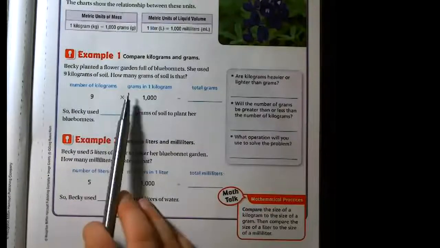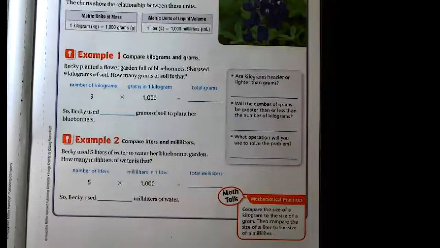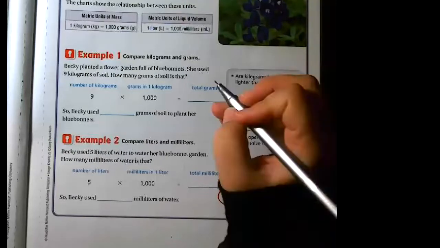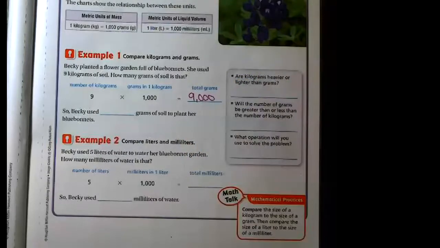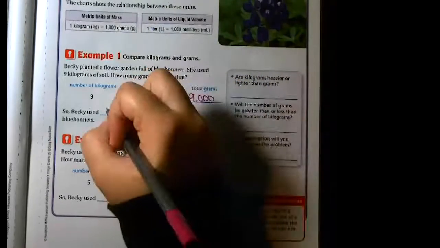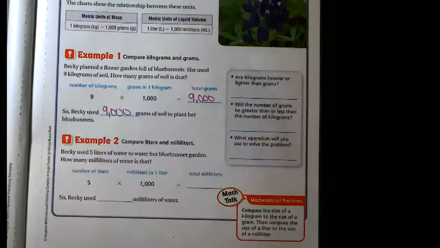So we do 9 times 1,000. 9 times 1,000 is 9,000. So Becky used 9,000 grams of soil to plant her bluebonnets.